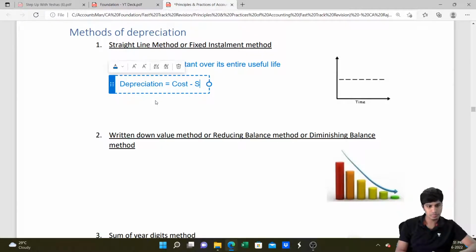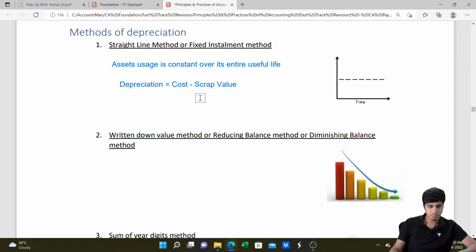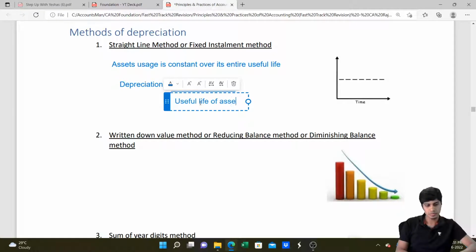Cost minus scrap value, divided by useful life. And this gives us the depreciation per year.